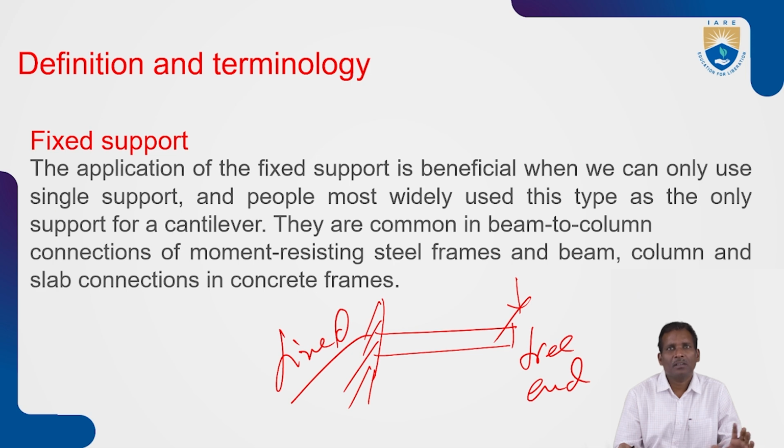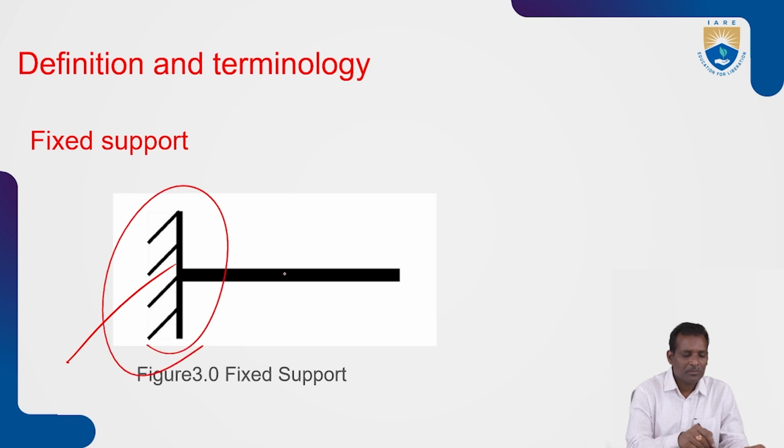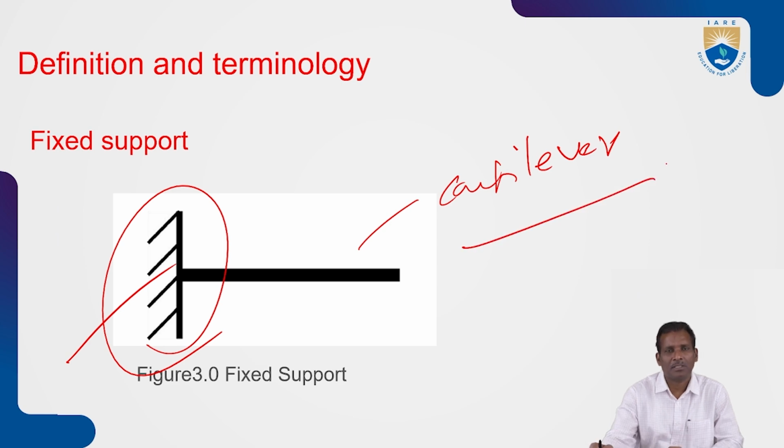They are common in beam to column connections of moment resisting steel frames, and beams, columns and slab connections in concrete frames. See the fixed support shown here at one end. This is a cantilever beam, so it is mostly used in these beams only.